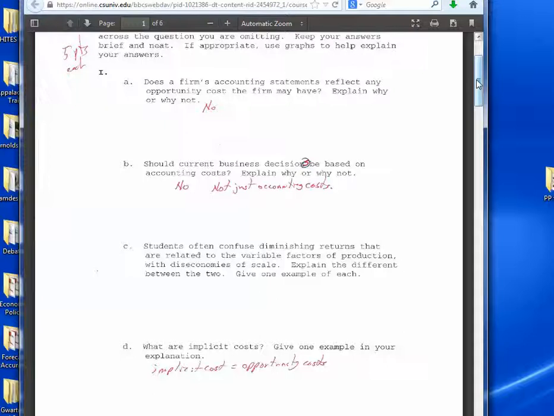For example, suppose your plant could produce 2 different products, and let's say the first product could generate a profit for you of, let's say, $5,000, and if you just used accounting costs, it might look like a good idea. But the second product maybe could produce for you $50,000 profit, and you can't do both. You must do one or the other. So to make a proper business decision, you need to include all costs, including the opportunity cost.